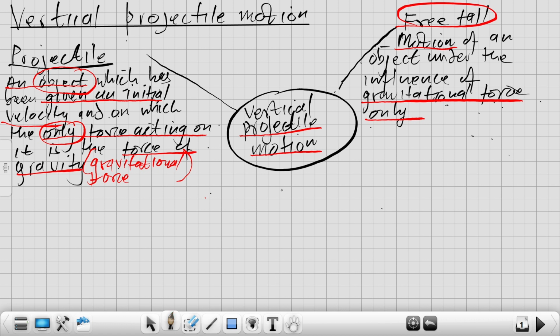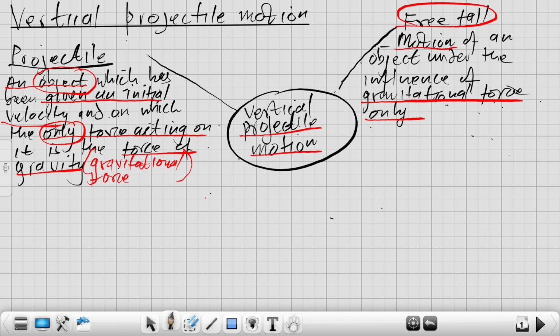I'm going to emphasize this because it's one point that the majority of us miss. If that object is experiencing any other force, it is not a projectile, it is not in free fall motion. Let's understand that, because it's going to influence a majority of questions that we are going to experience as we move on with our topic.